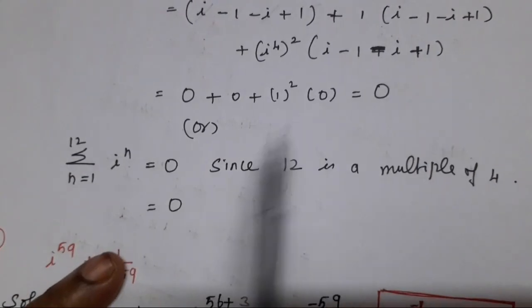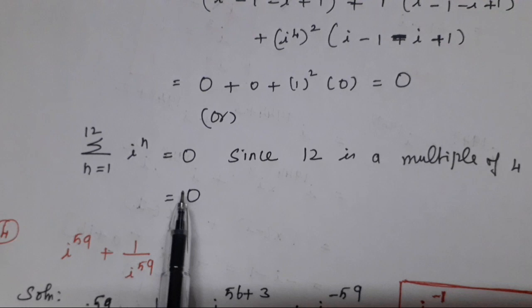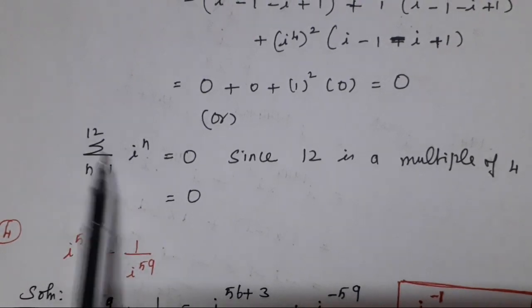Otherwise, there is another method, an alternative method: summation of n equal to 1 to 12, i^n equals 0.